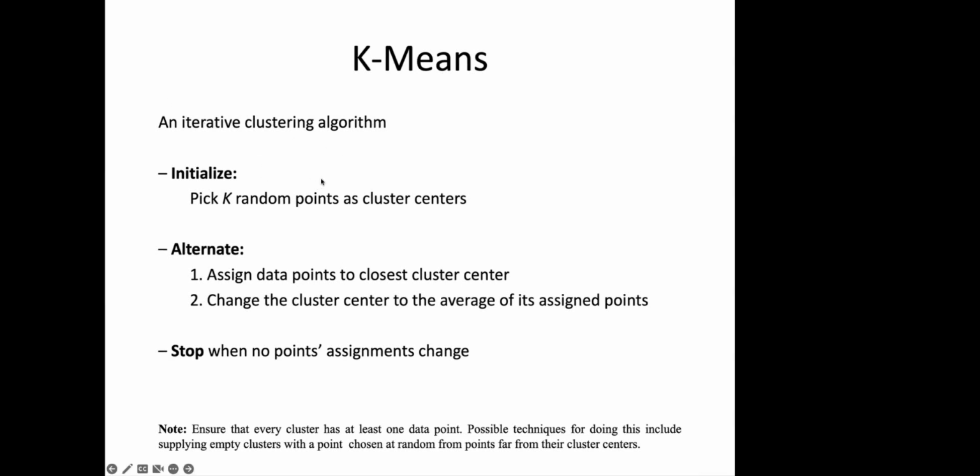It's an iterative algorithm, which in the first step, which is the initialization step, picks randomly k points where k is the number of clusters. So that's the first thing that I need to mention about this algorithm. In order for you to use k-means, you have to know in advance the number of clusters, which is the k. The k that you see here is just a number of clusters.